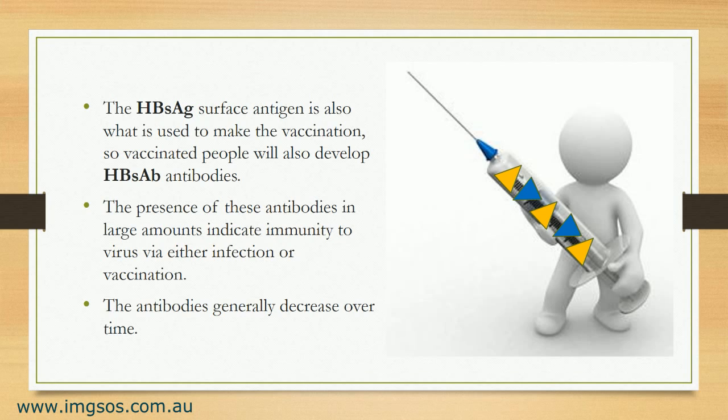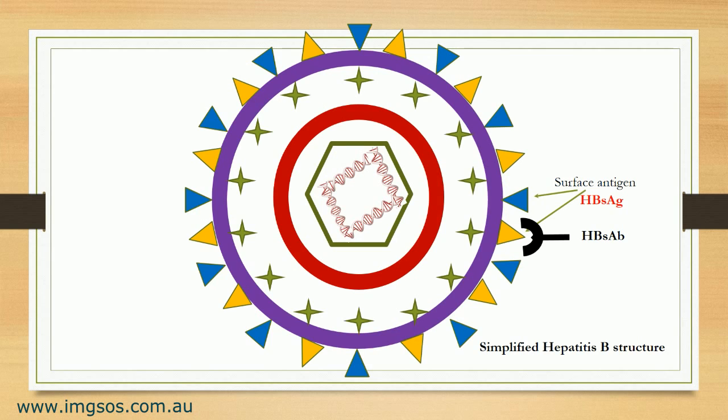So you can't actually tell from surface antibody at this point which one it is, but other tests will allow us to see that, and I'll explain those in a moment. The other thing that's important to know is the antibodies do generally decrease over time. So we've got our surface antigen, and I've now added a little surface antibody, so you know how those two are linked.